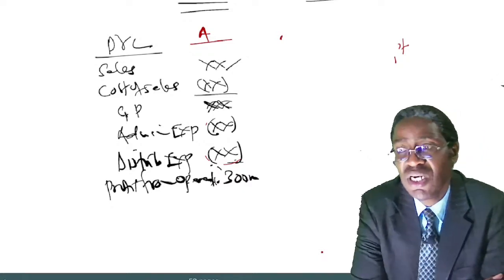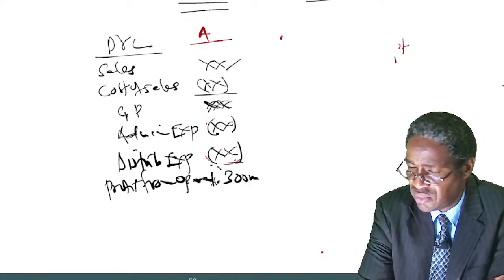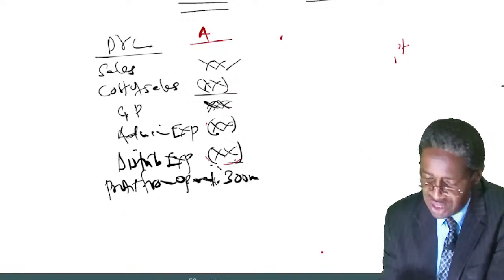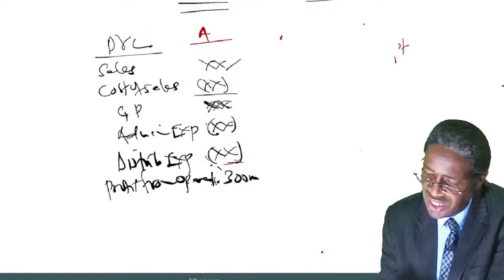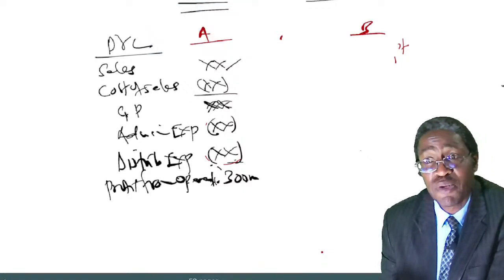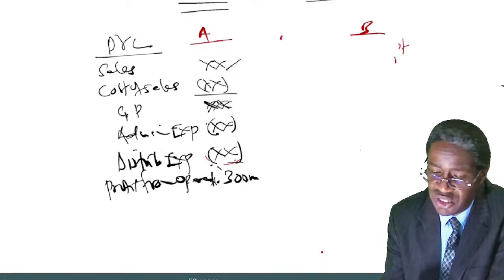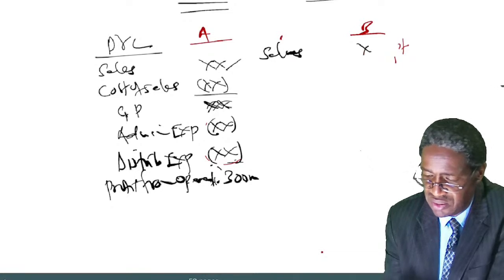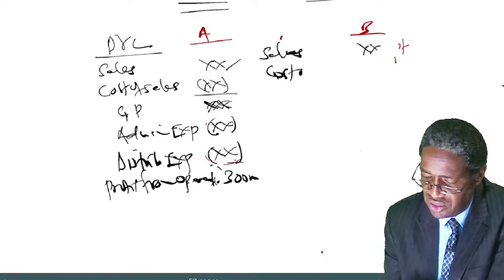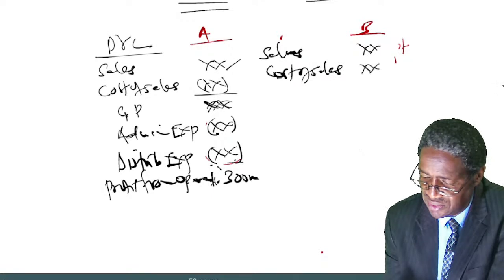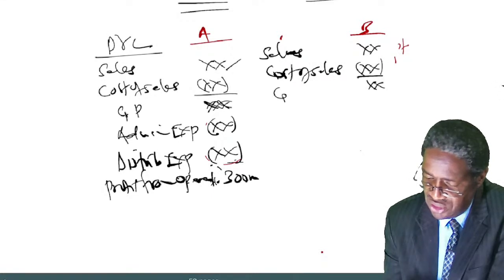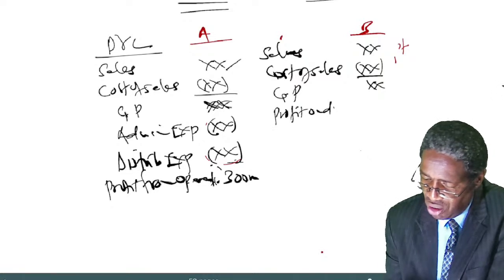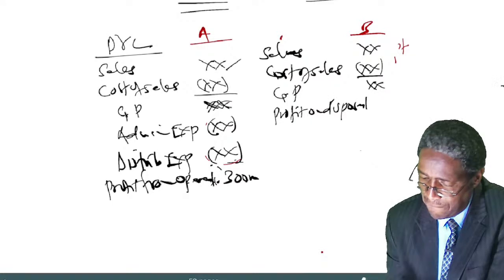Good. Another accountant, same company, was given the same records. And that accountant B prepared his or her income statement this way. Sales, cost of sales, GP, profit on disposal, 5.